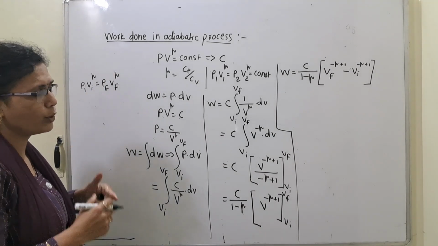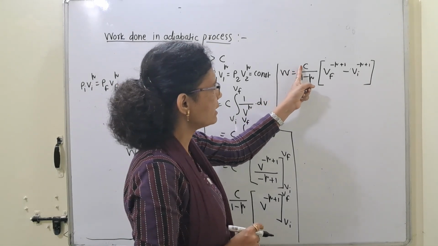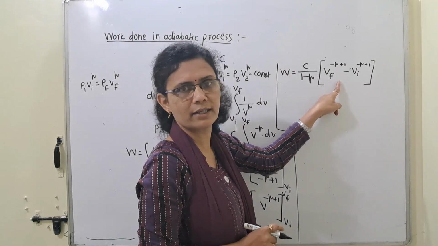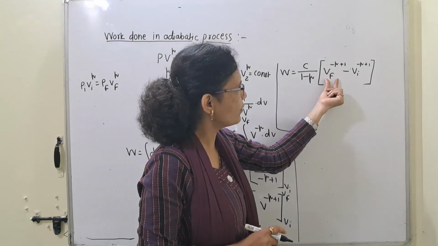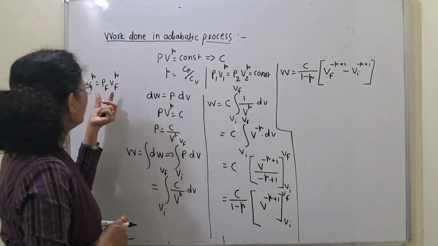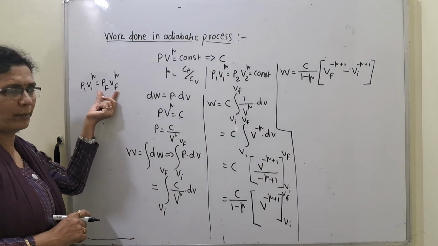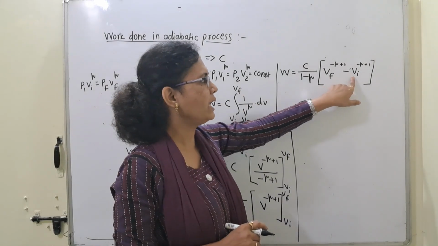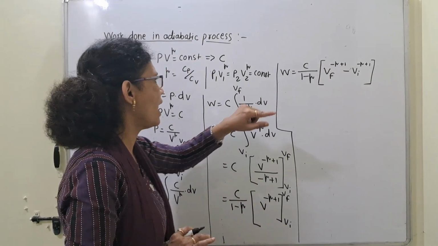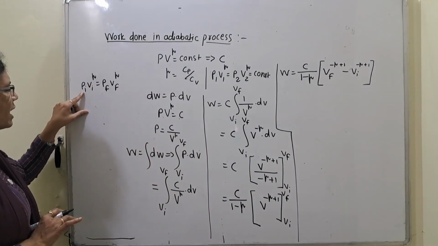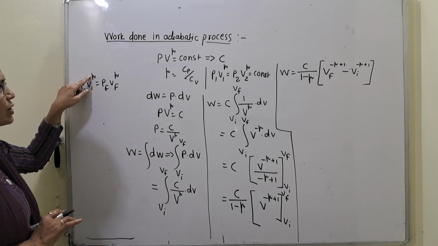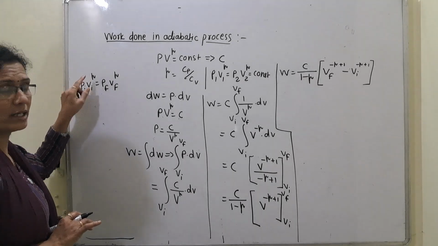So what I am going to do here, if I take this C inside the bracket, where there is a Vf, I will write the term Pf Vf raised to gamma, and when there is a Vi, that is V initial, I will take the value of constant C as P initial V initial raised to gamma. Are you getting this?